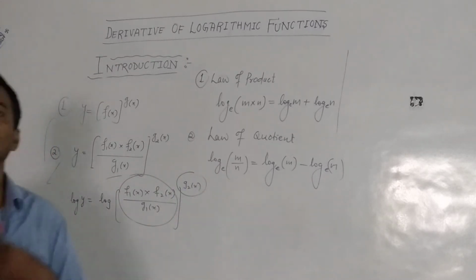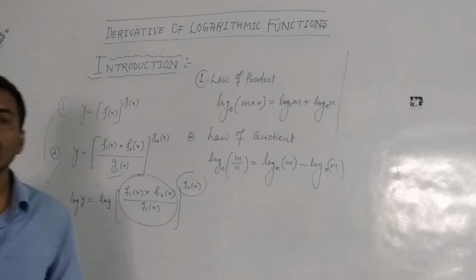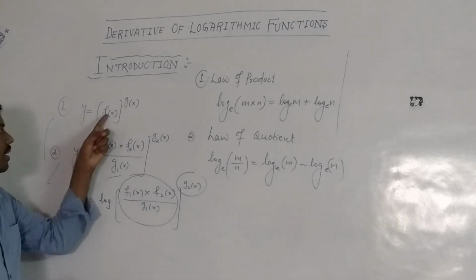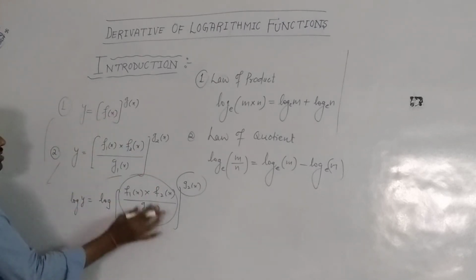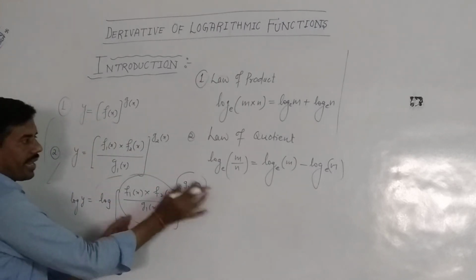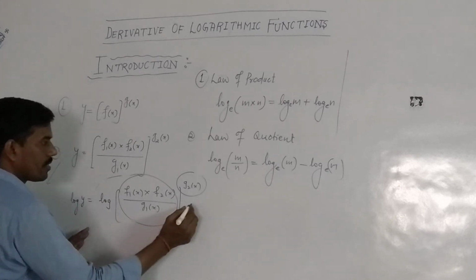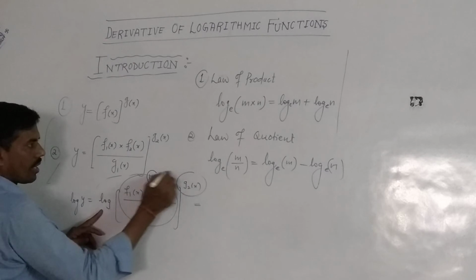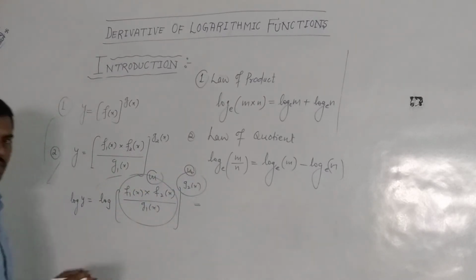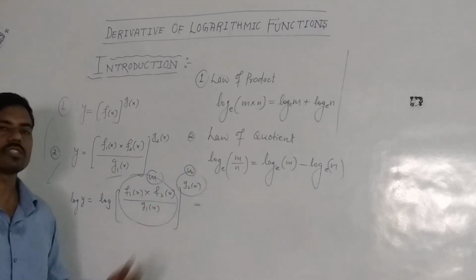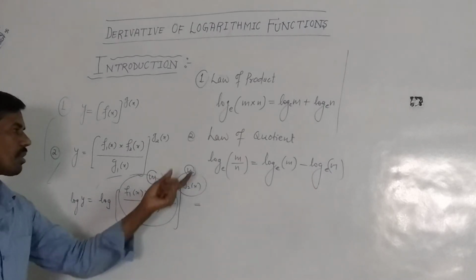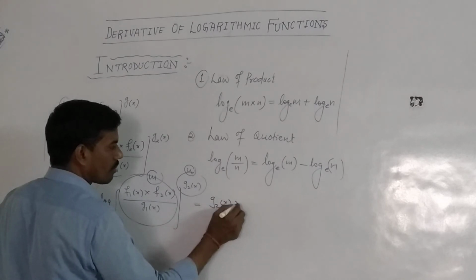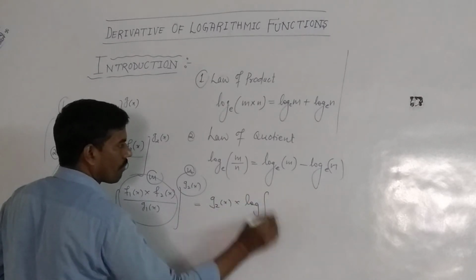Clear? Log of m to the power n, where m is the base and n is the power, is equal to n multiplied by log of m. So n means g2x multiplied by log of m.